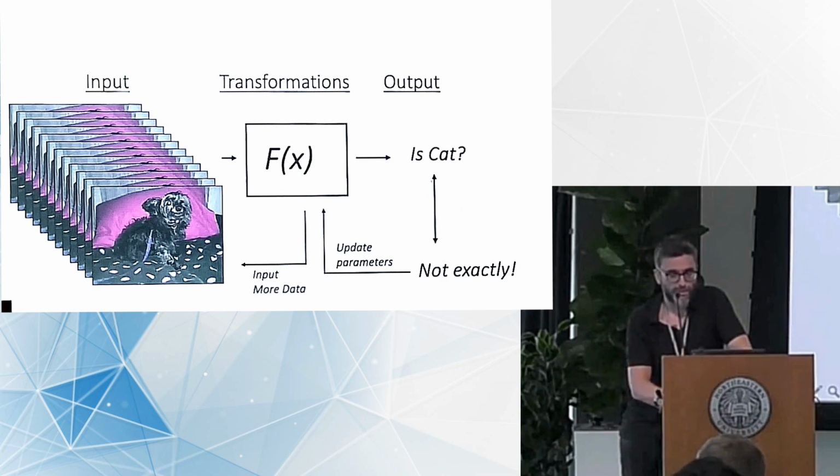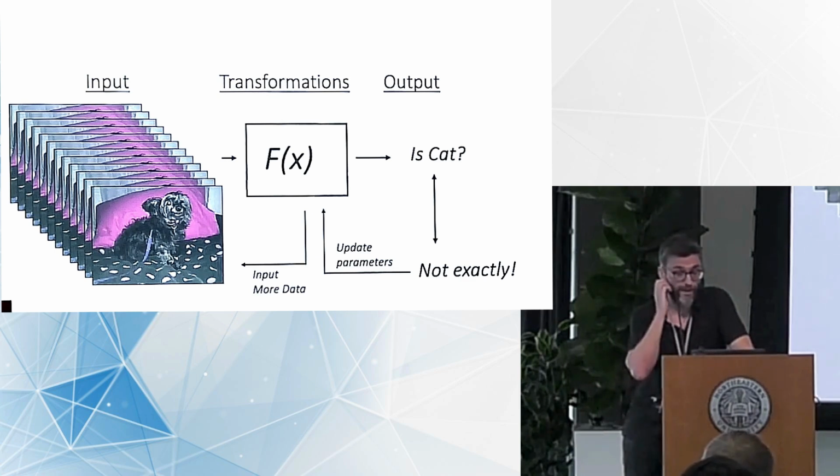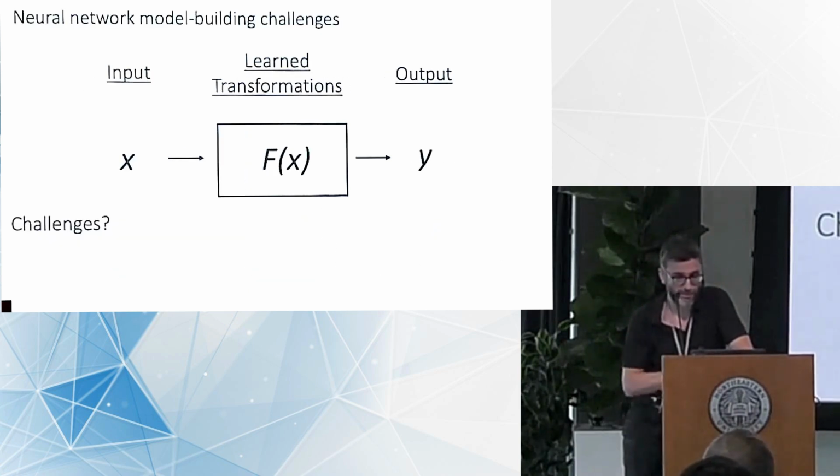You compare it with a ground truth. You use that comparison to update the parameters of this complicated set of transformations, and then you provide the network with more input data. And you keep on doing that until some measure of performance is satisfied. We'll talk a little bit more about that in the second part of this tutorial.